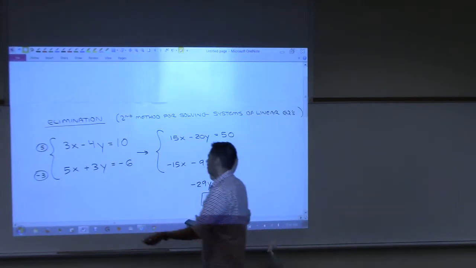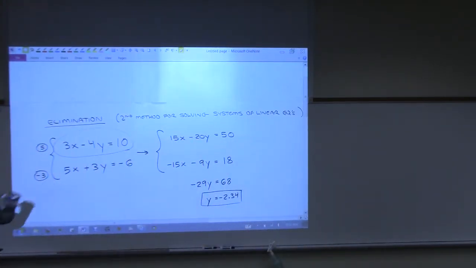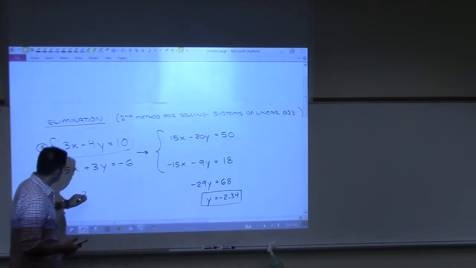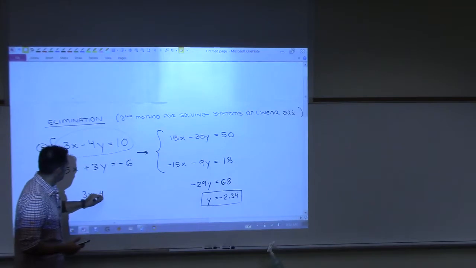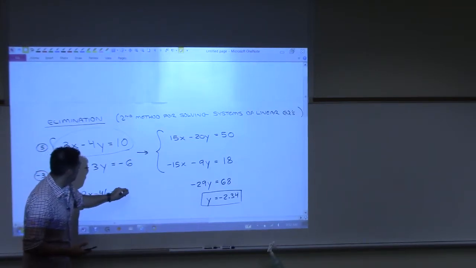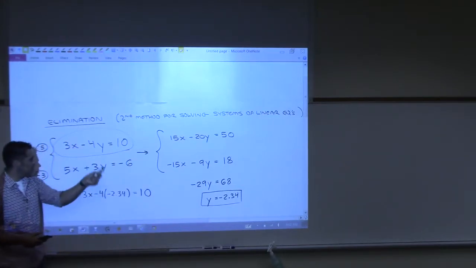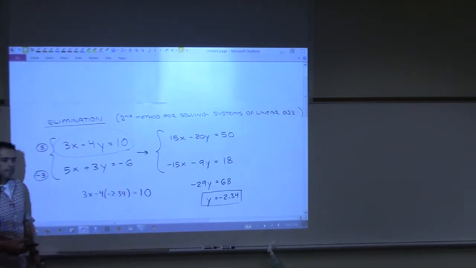And again, I'll just grab the first one. There we go. And I'm going to replace y with negative 2.34. So 3x minus 4 times negative 2.34 equals 10. Okay, so replacing the y here with that answer.